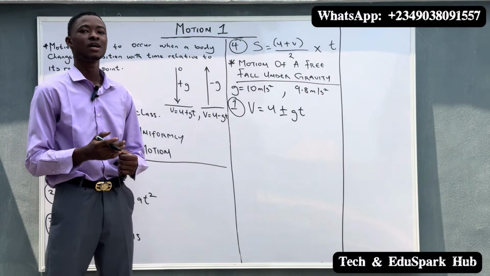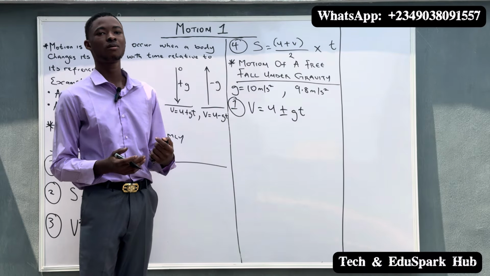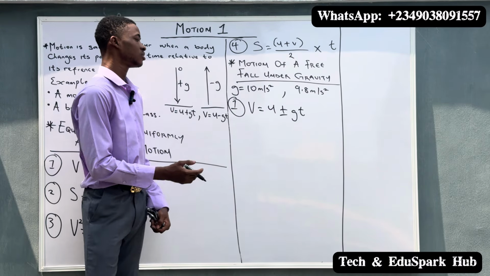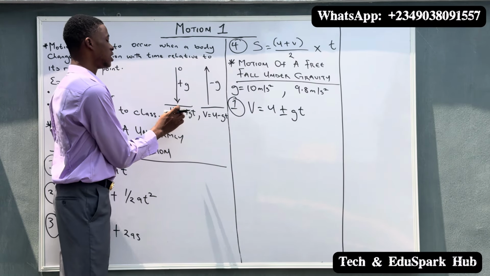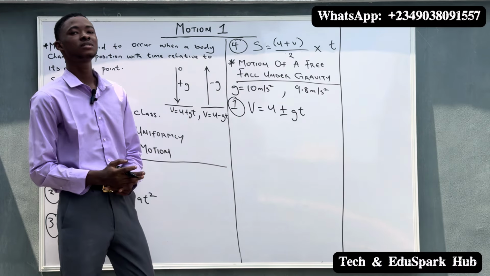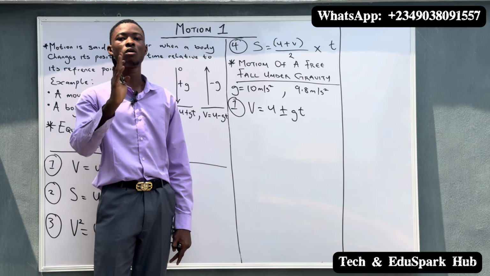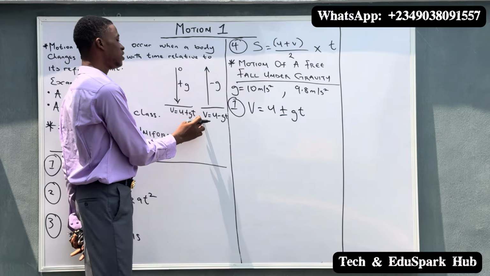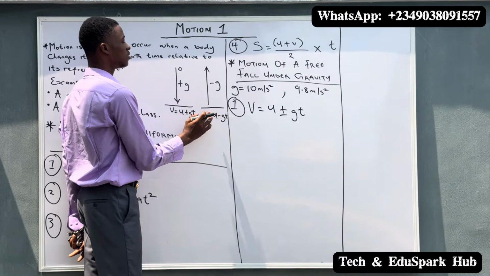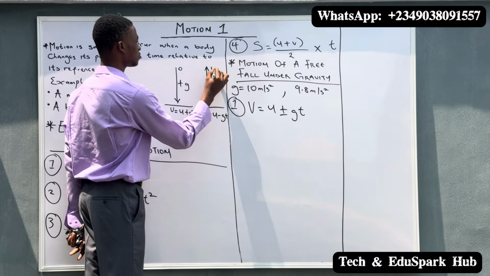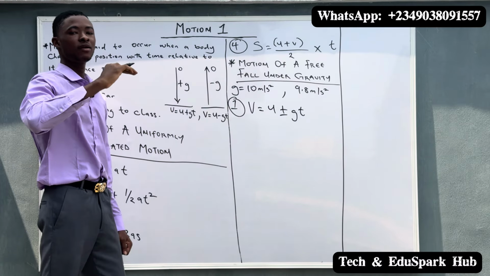If the question is saying the body is falling from rest or falling from anywhere, the formula you are going to use is u plus gt. But if the question says the body is going upward, you are going to use v equals to u minus gt, because when the body is going upward, there will be minus of gravity.